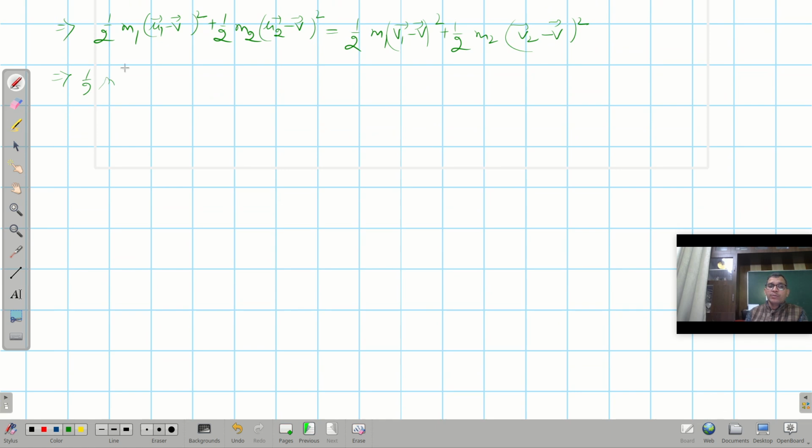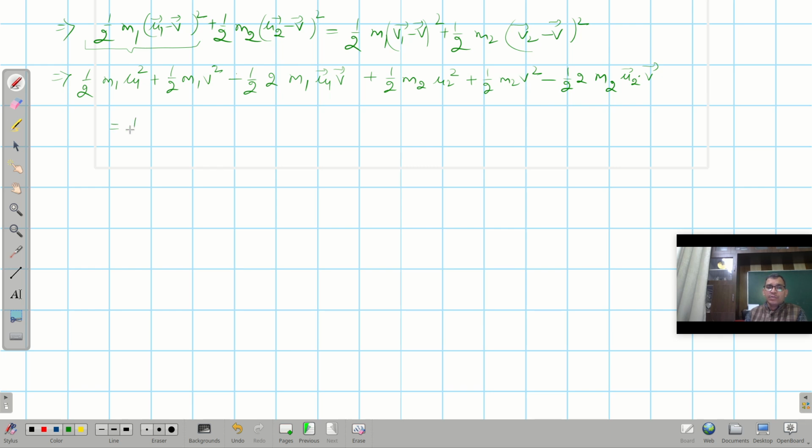So it is one by two. It will become half m1 u1 square plus half m1 v square minus half into 2 m1 u1 v, plus one by two m2 u2 square plus half m2 v square minus one by two into 2 m2 u2 v. I am basically expanding this expression.